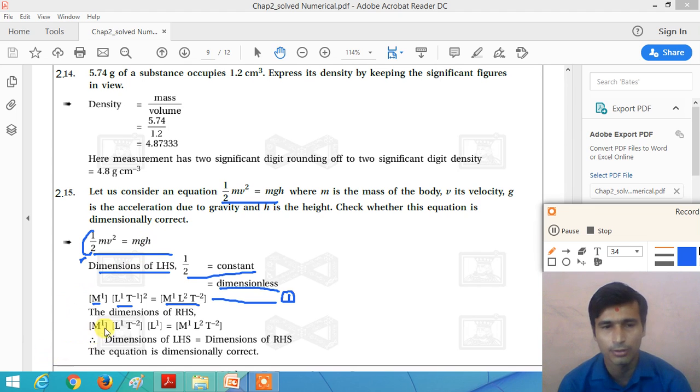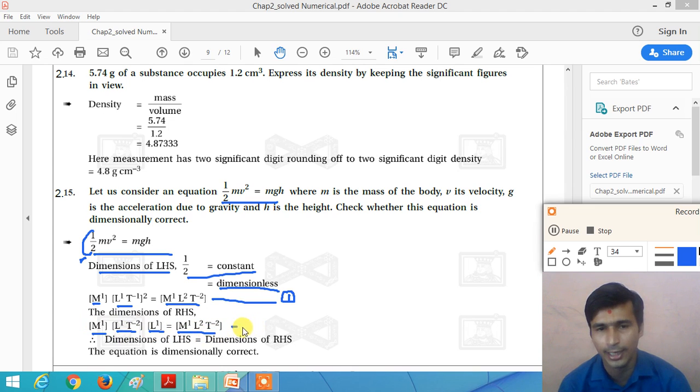So we put all three. The dimensional formula of mass is M1. The dimensional formula of acceleration due to gravity is L1 T minus 2, and the dimensional formula of the height is L1. So if we combine this, we get M1, L1 and L1, we get L2 and T minus 2.